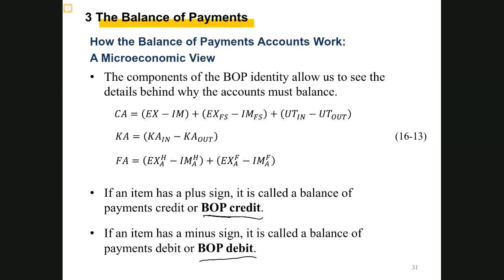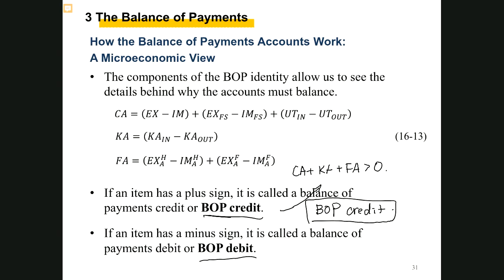If CA plus KA plus FA is larger than 0, we call this country a BOP creditor, a balance of payments creditor. If it is smaller than 0, we call it a BOP debitor.